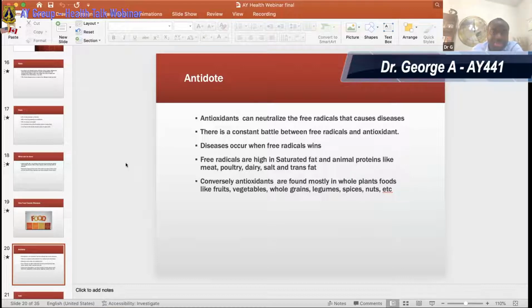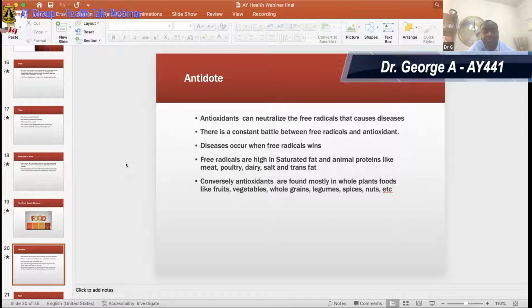Anytime we eat, free radicals are produced. We have food groups that produce free radicals, and groups that produce antioxidants, and they are always in constant battle. Whoever wins: if antioxidants win, no diseases. If free radicals win, then you get the diseases.